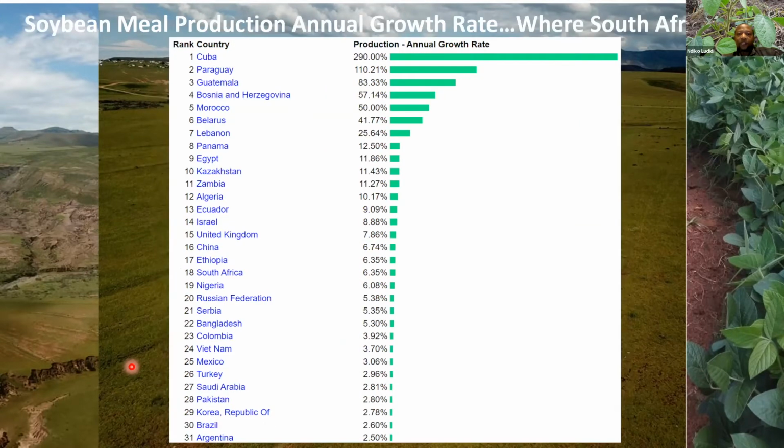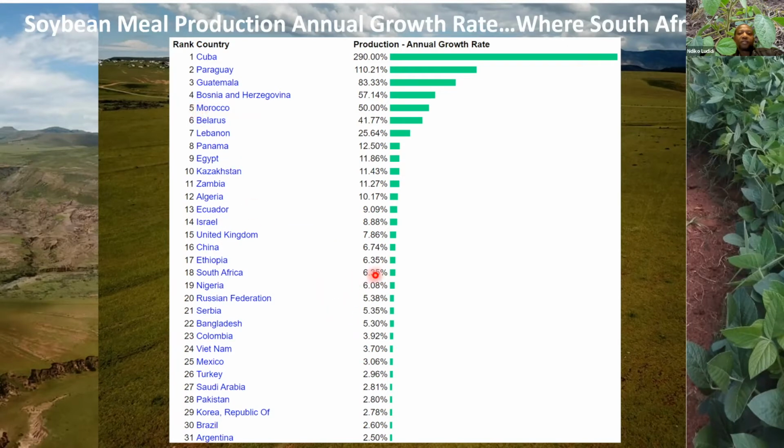And in terms of growth rate in the annual production of soybean meal, Cuba is really tapping into soybean meal production much more than any other country at the moment. And the best growth rate in an African country is in Morocco.